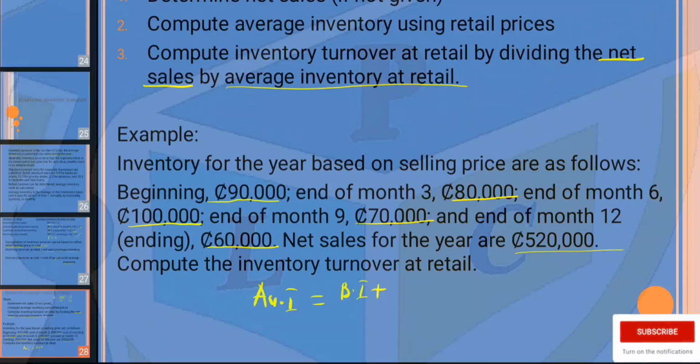So it's going to be the range, because we want to always consider the range. So it's going to be the 3 quarters in the middle of the year, plus the 4th quarter, which is the ending inventory. Is that okay? Or better still, beginning inventory plus the 4 quarters of inventory within this period, for which the ending inventory is part of the quarter.